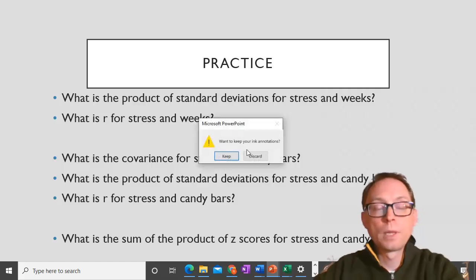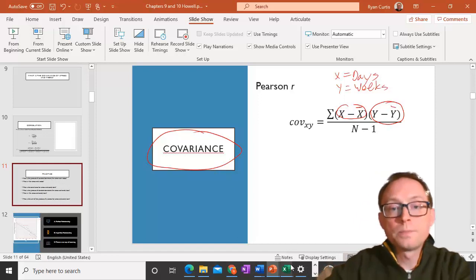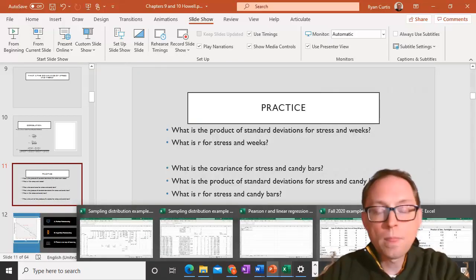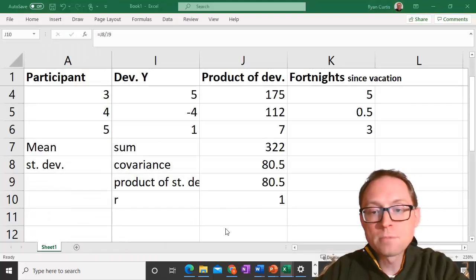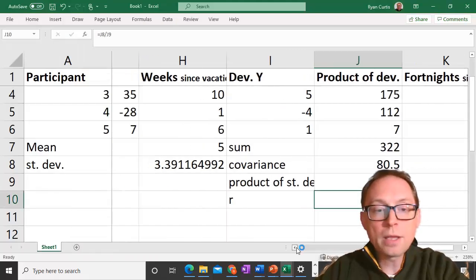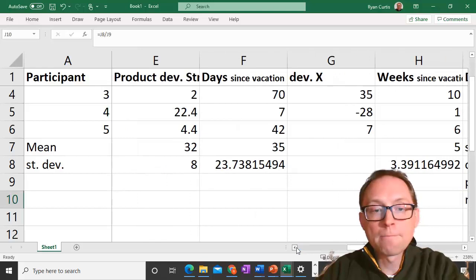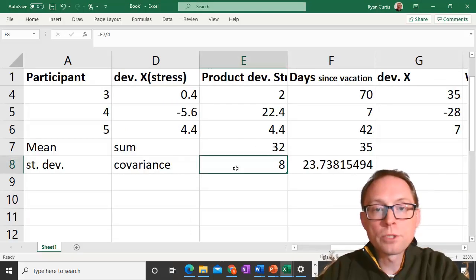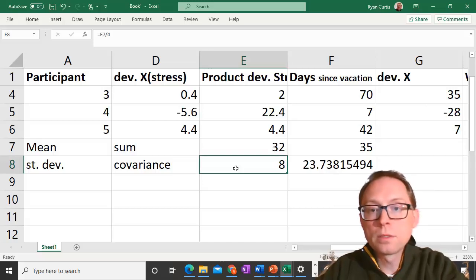To do this, we go to the data. You remember we calculated the covariance for stress and weeks. The covariance was 8 between stress and weeks.